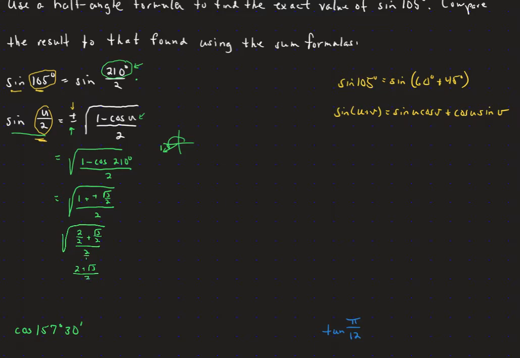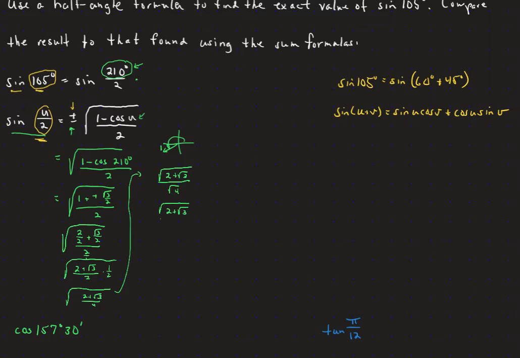To divide by this 2 is to multiply by a half, its reciprocal. And so we're going to get 2 plus the square root of 3 all over 4. We can split up that radical and take the square root of 2 plus square root of 3 over the square root of 4, and simplify that square root of 4 in the denominator.